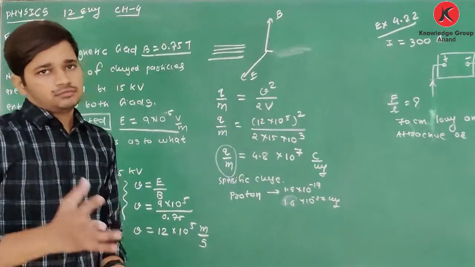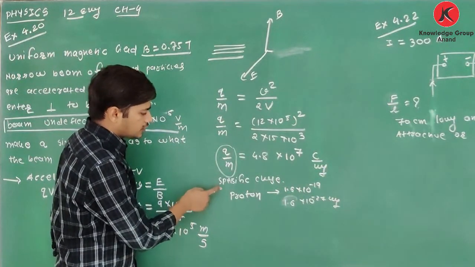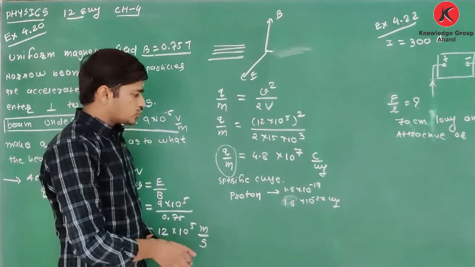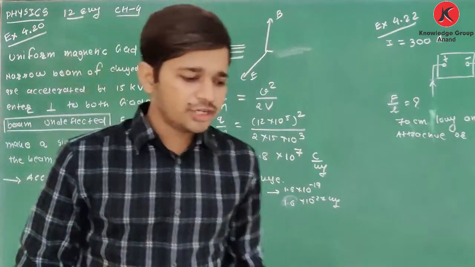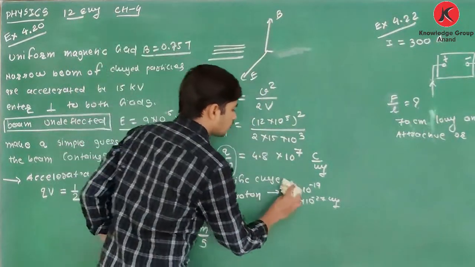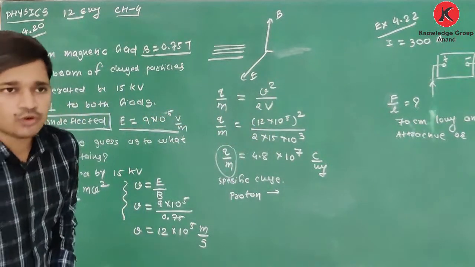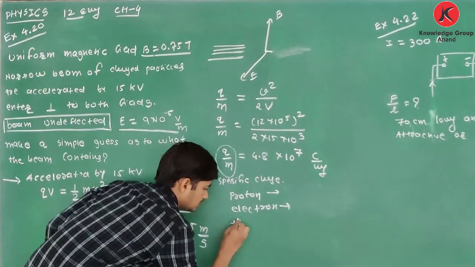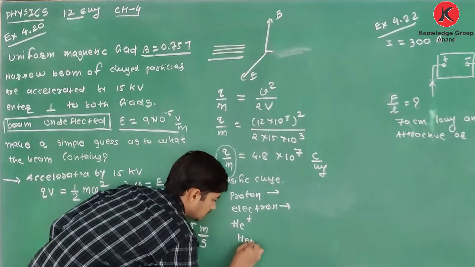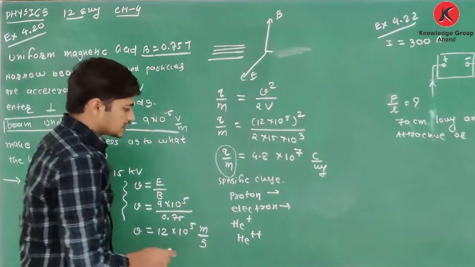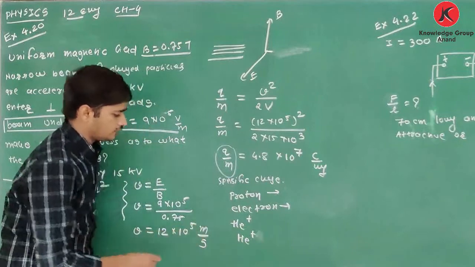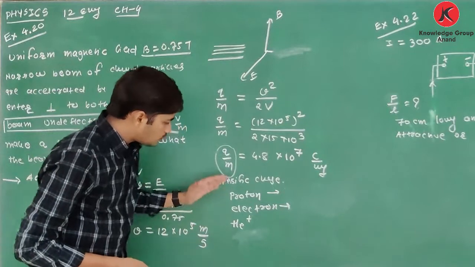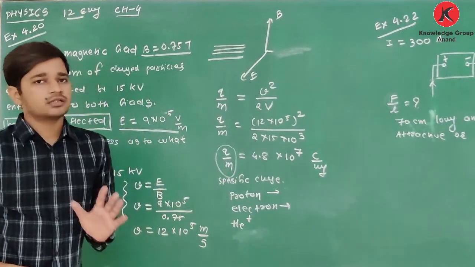You have to find the ratio q upon m for proton, for electron, for deuteron, for tritium, for He plus, for such particles. Whichever answer matches is your answer. Clear about this?